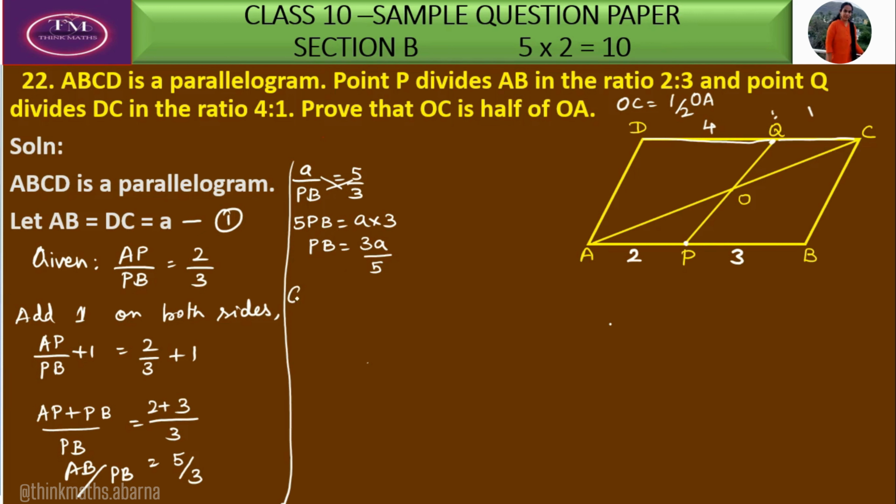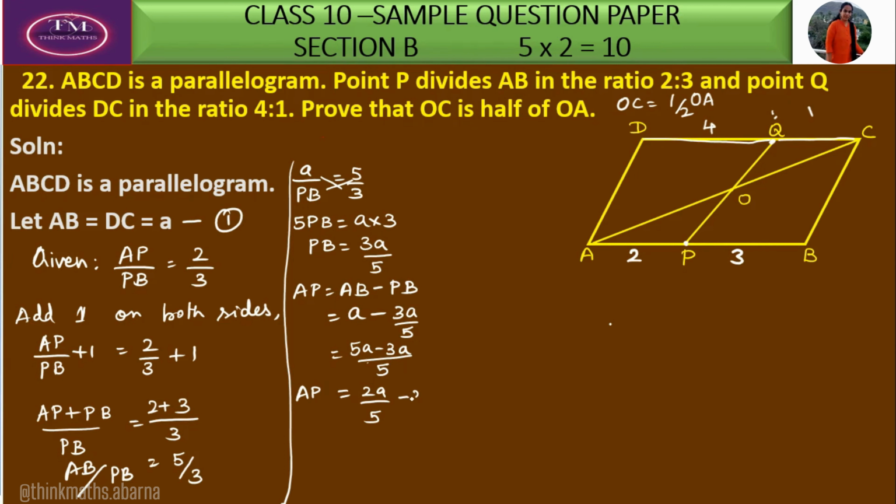If PB is found out, we can find out the value of AP. AP is nothing but from the total line AB, if we take out PB, we will get AP. AB is A, PB is 3A by 5. Taking 5 as LCM, it will be 5A minus 3A, which is 2A by 5. So we got AP is equal to 2A by 5.